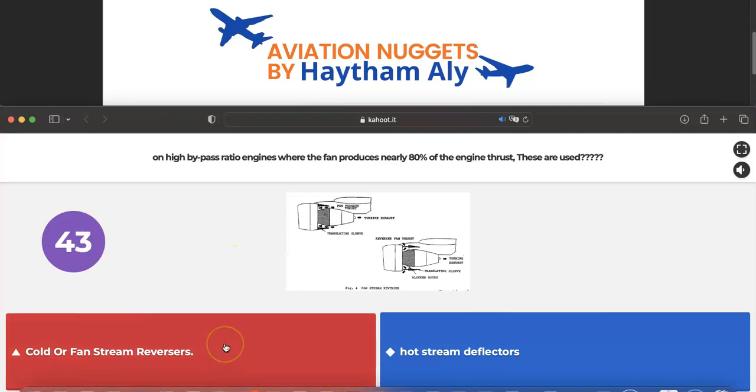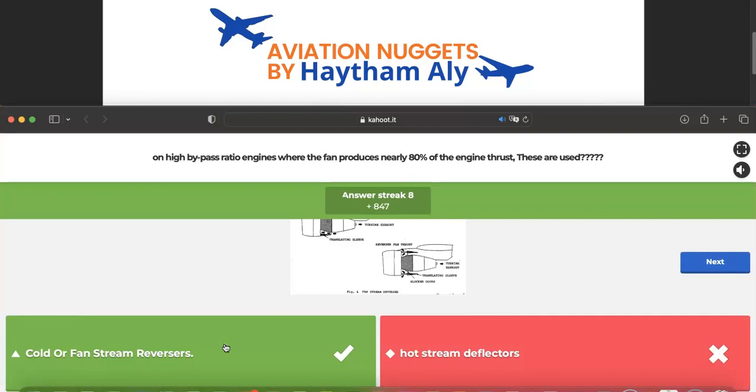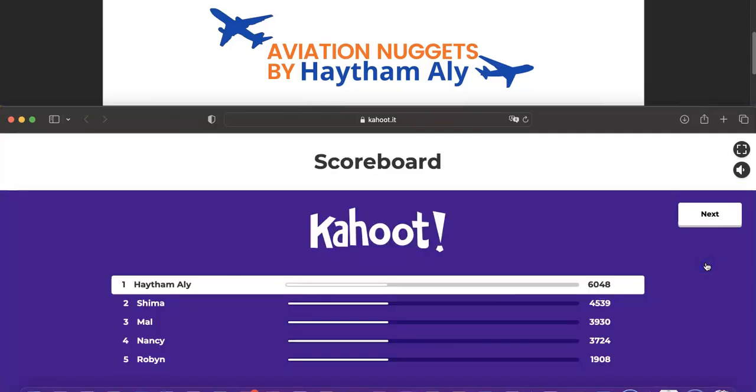Translating sleeves and blocker doors are used. When the translating sleeve goes to the aft position, it deploys the blocker doors, and the blocker doors reverse the cold or high bypass thrust. Okay, everybody, let's proceed. Next question.